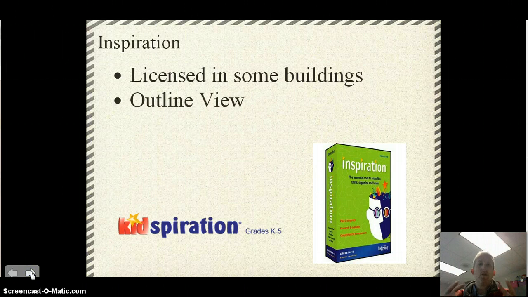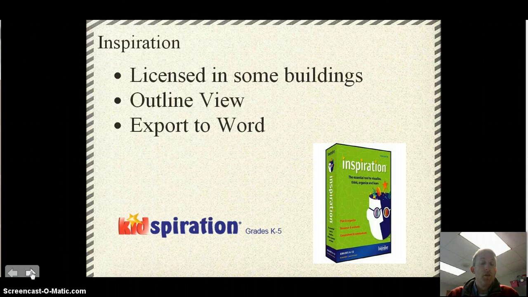You can take your map once you've created it and pull it into what's called outline view. You can also export the map and the outline into Word, which allows you to begin the writing process with all that information right there, and it organizes things really nicely for you.